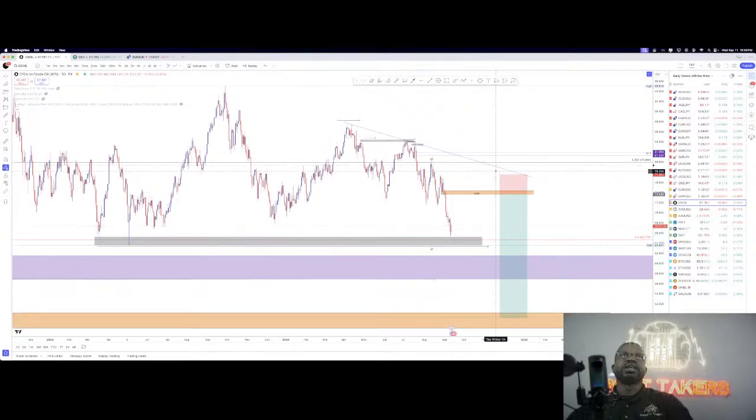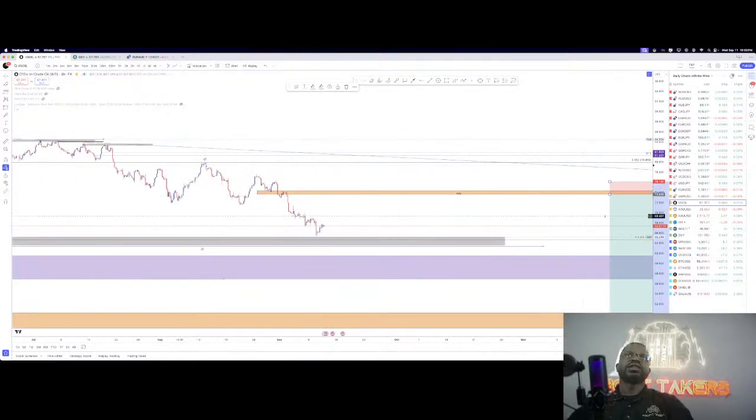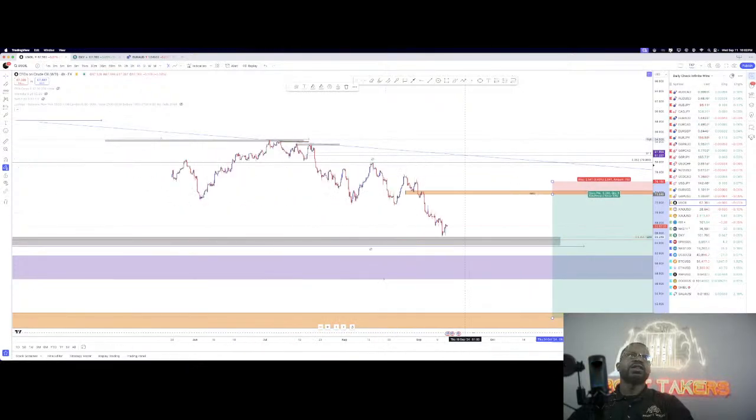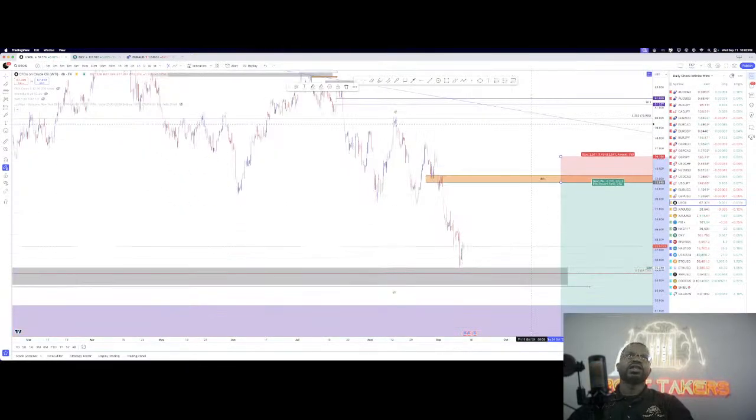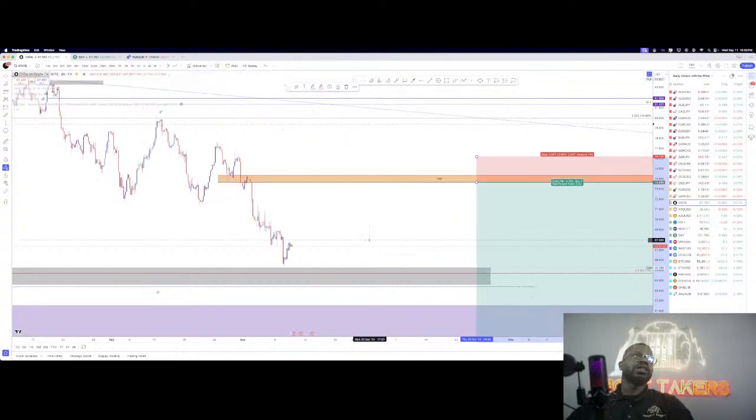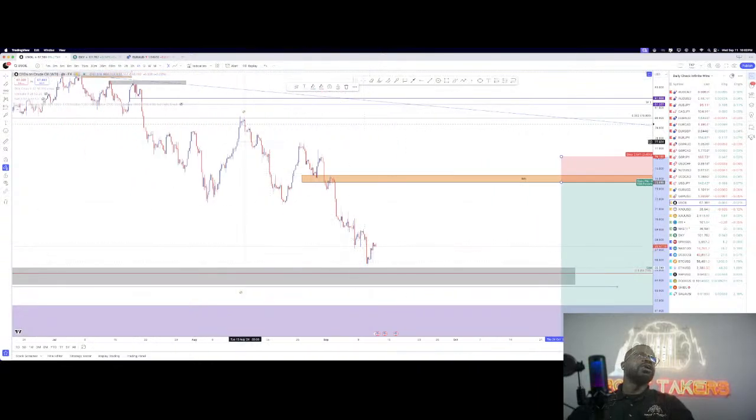Pretty sure we can tighten that stop loss up. We have a bottom right there on the 4 hour, and it was retested. Yeah, so it looks like we have a short term uptrend on oil.